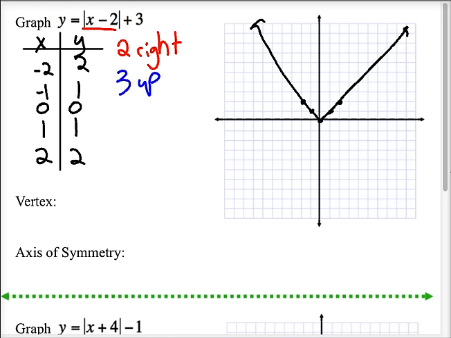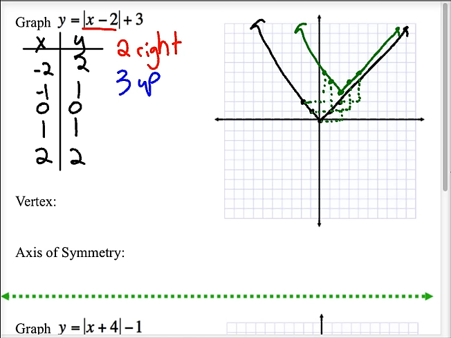So what I'm going to do is take every one of those points and do that transformation. I'm going to start with the vertex, 2 to the right and 3 up. So there's my new vertex. Then 2 right, 3 up. There's my next point, 2 right, 3 up, and so on. So that green represents the actual graph that I'm looking for.